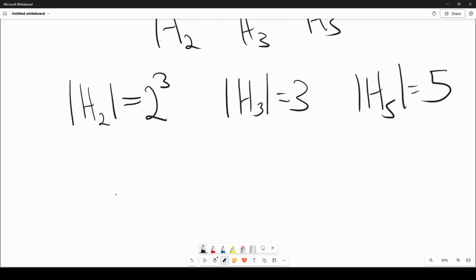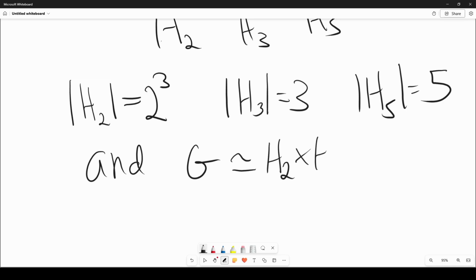So something we would want is we would want these subgroups to exist, and something that looks like G is isomorphic to H2 cross H3 cross H5, which is similar to writing 120 is 2 cubed times 3 times 5.